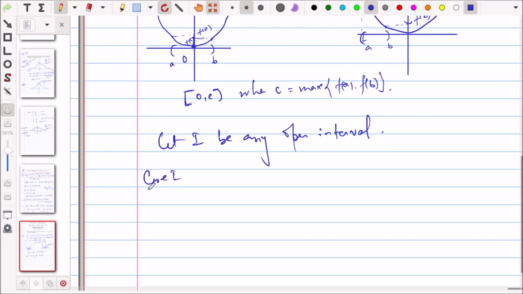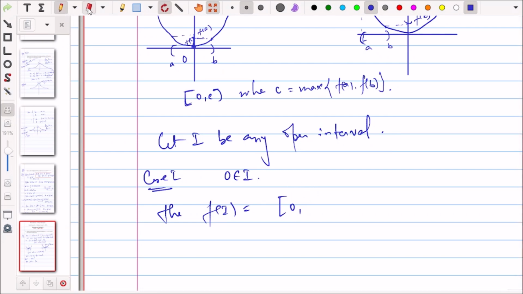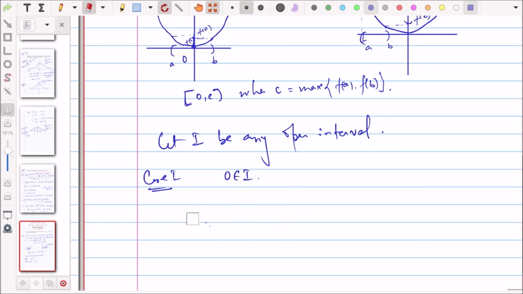Case 1, when 0 belongs to I. Because I is any open interval, we have to take cases when I is a finite open interval or I is unbounded.